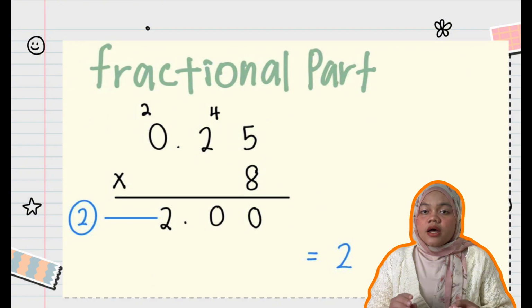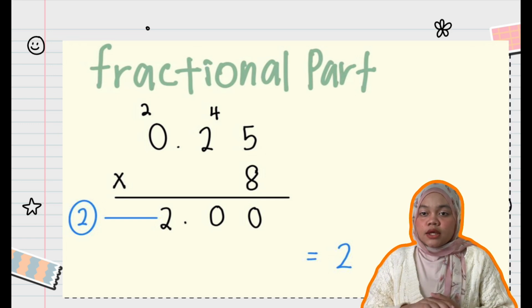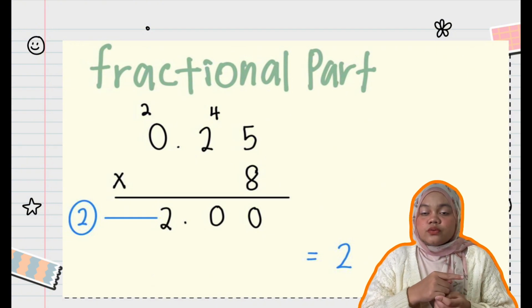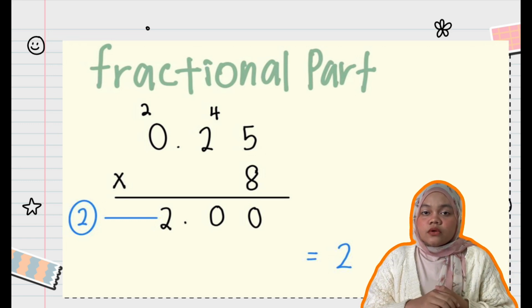So, I take 0.25 times 8, we get 2.0. The integer part is 2, and we put it behind the point.